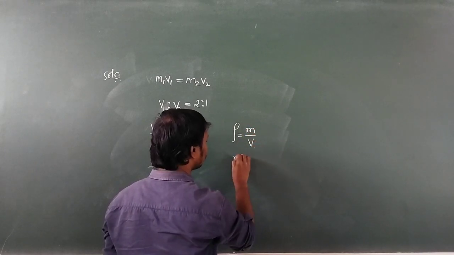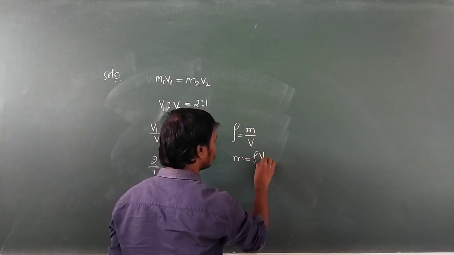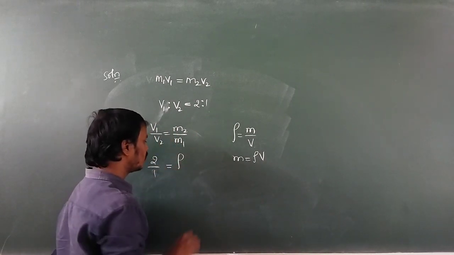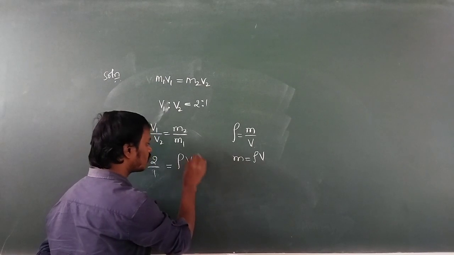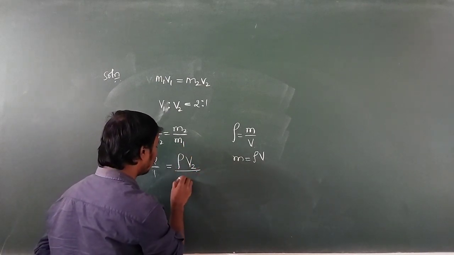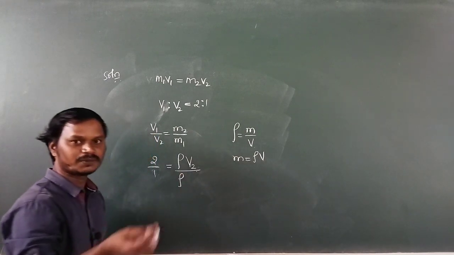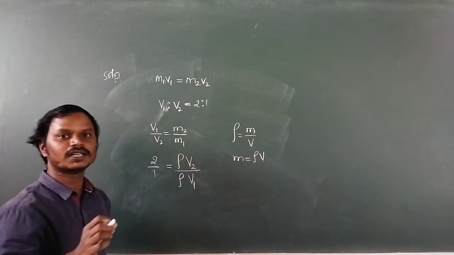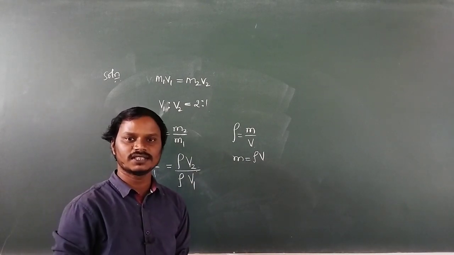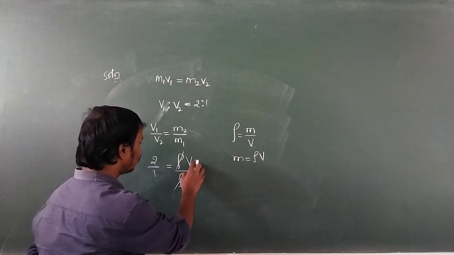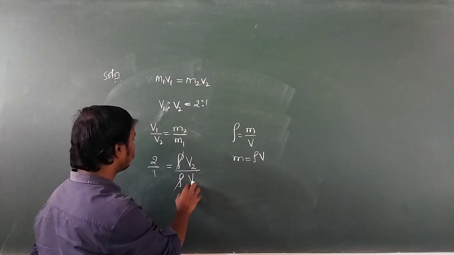But what is mass? Mass is equal to density into volume. So density of the nucleus into volume of the second part of the nucleus, divided by density of the first part of the nucleus into volume of the first part of the nucleus, but all nuclei have the same density. So hence rho gets cancelled. So v2 by v1 is here.